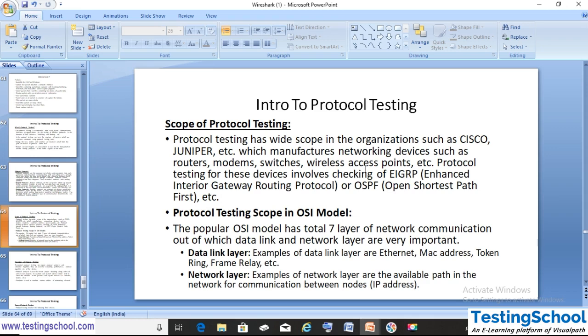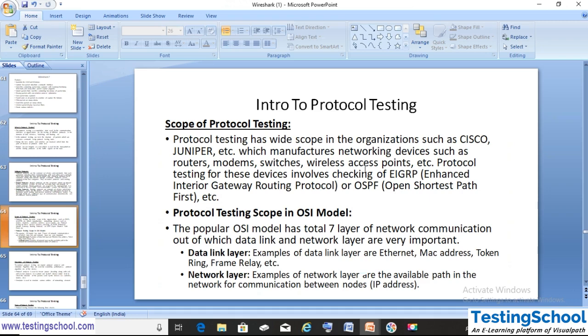So it is simple. Suppose one Cisco device is there, and it is supporting 15 protocols. All 15 protocols need to go under this protocol testing. Generally, one protocol is assigned to one person, or 2 or 3 protocols are assigned to one person.